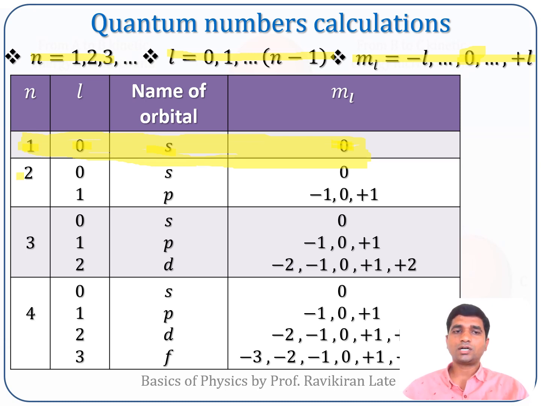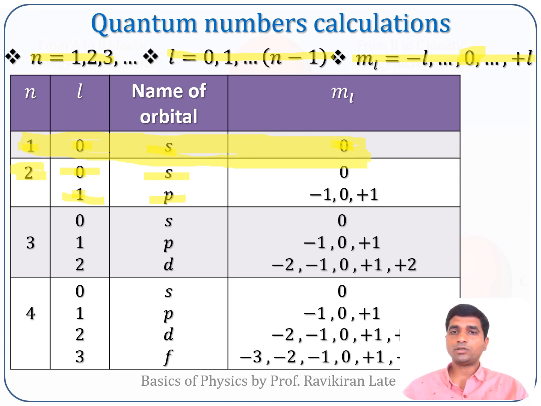If you consider the second orbit, that is n equal to 2, the possible values of l go from 0 to n minus 1, that is 0, and 2 minus 1 which is 1. So for the second principal quantum number there will be two orbital quantum numbers, l equal to 0 and l equal to 1. l equal to 0 corresponds to the s orbital, l equal to 1 corresponds to the p orbital.